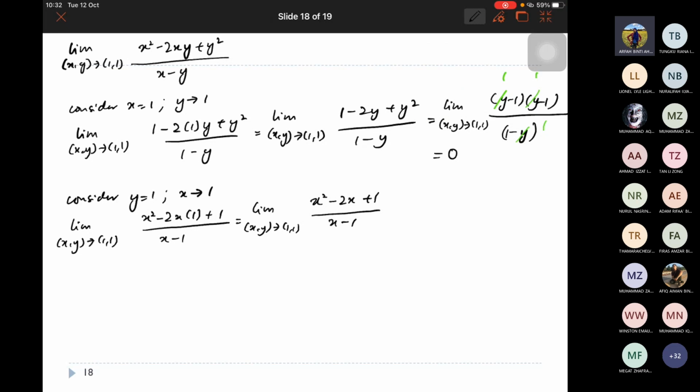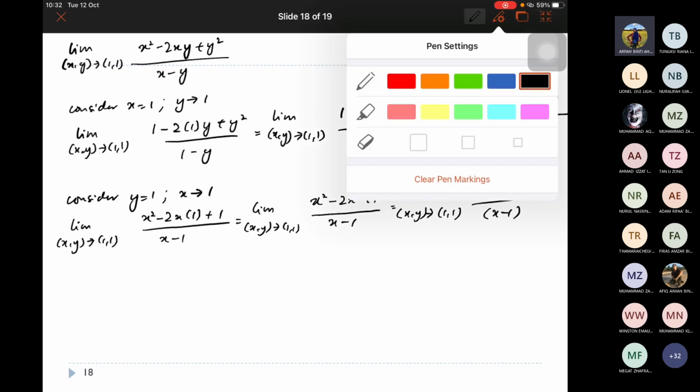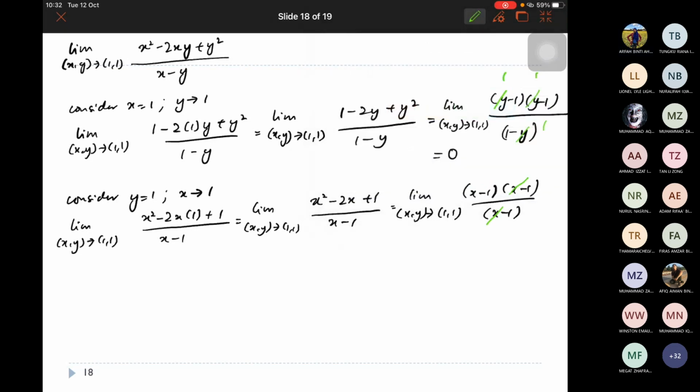So dapat limit of xy approaches 1. X minus 1, x minus 1, so boleh potong this one, x minus 1, dia akan dapat sama dengan 0.